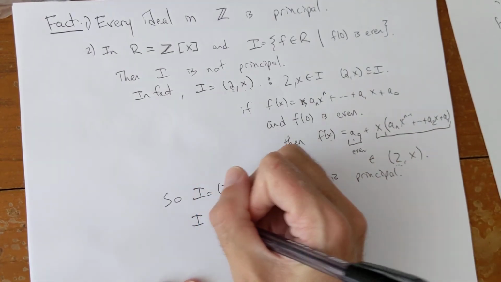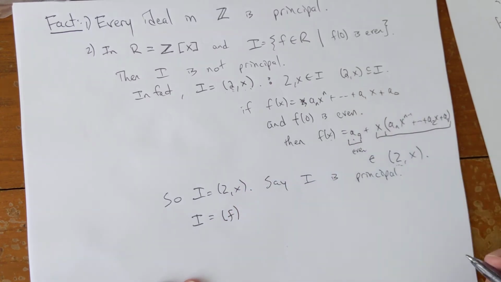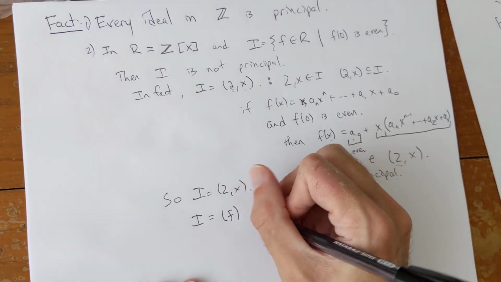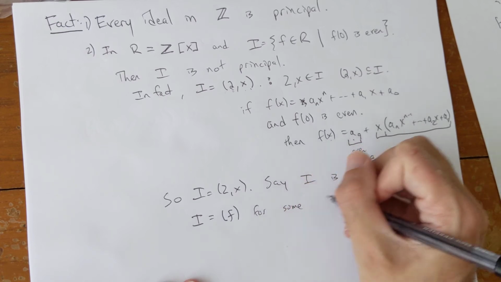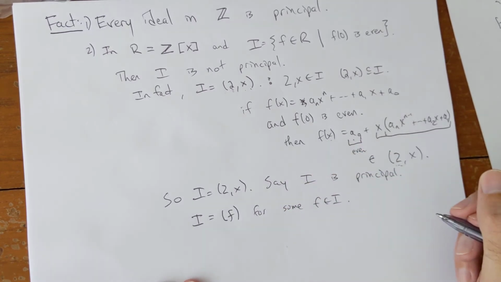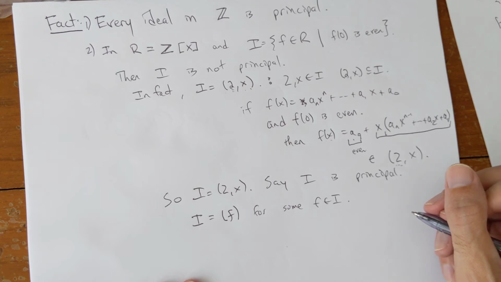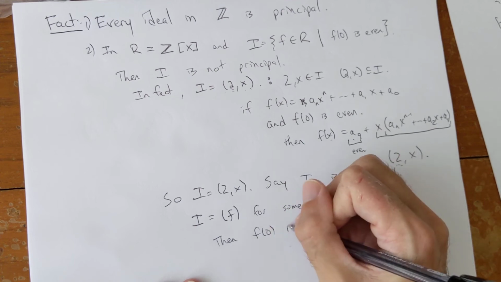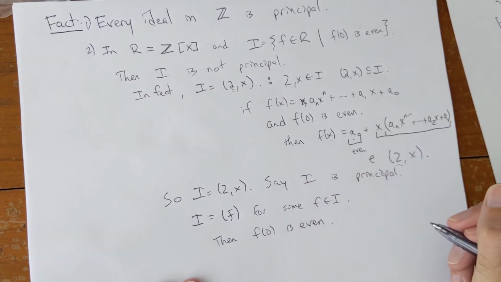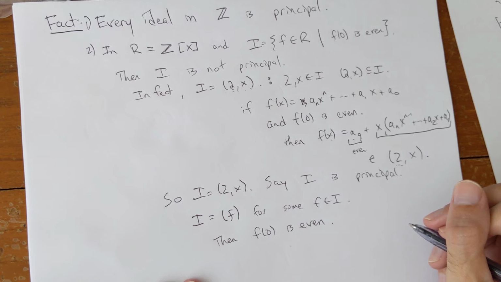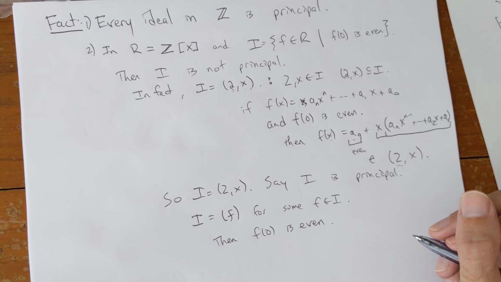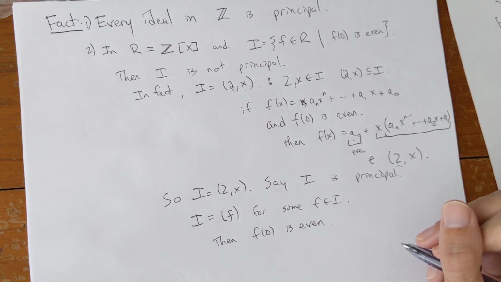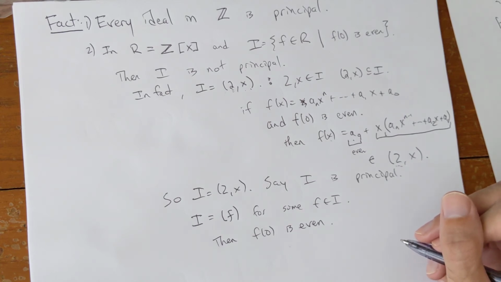I'll write I is generated by the polynomial f of x for some f, which is necessarily in I. Then f of 0 is even. And there's two possibilities.